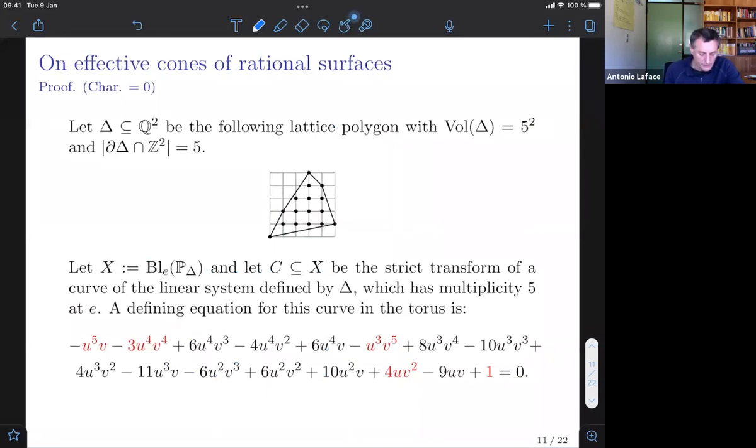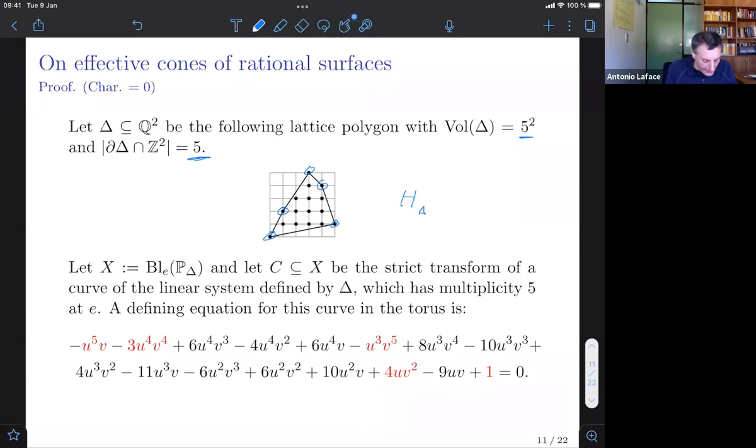Take a lattice polygon with volume a square and number of boundary points, just the number, in this case 5. So I have these 5 boundary points. This is going to define a toric surface P_Delta together with an ample class H_Delta.